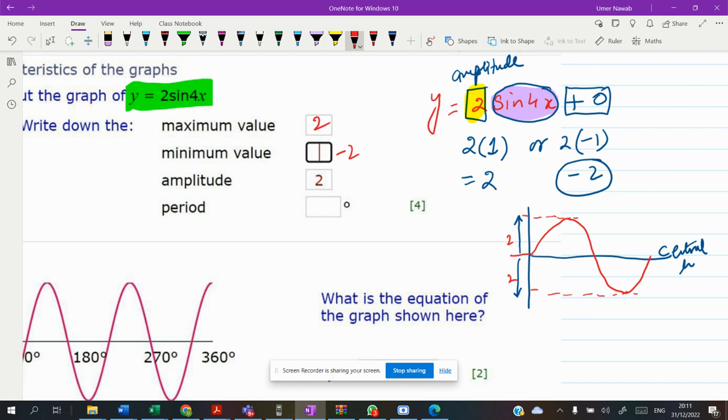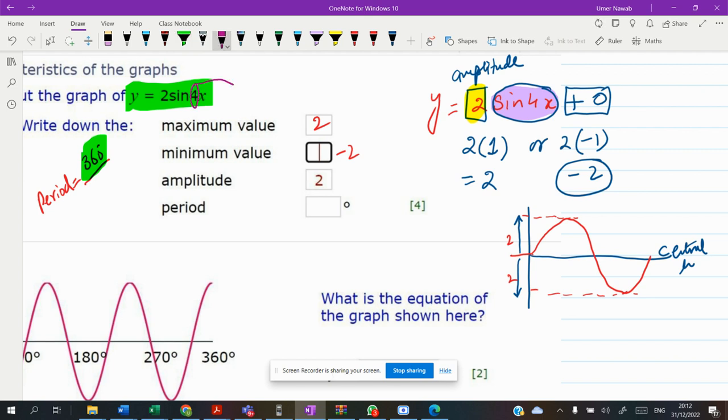Now come to the period. The formula for the period is always we write here 360, because you remember the period of sine and cosine is 360 and the period of tan is 180. So if you want to find the period of any function, you have to write 360 divided by the frequency.